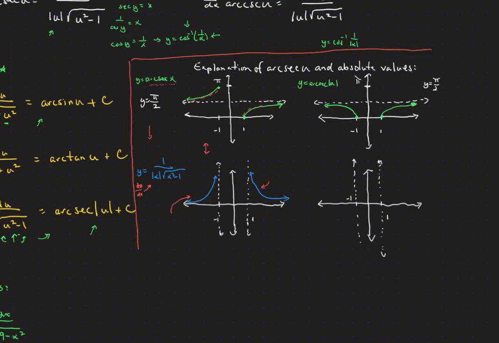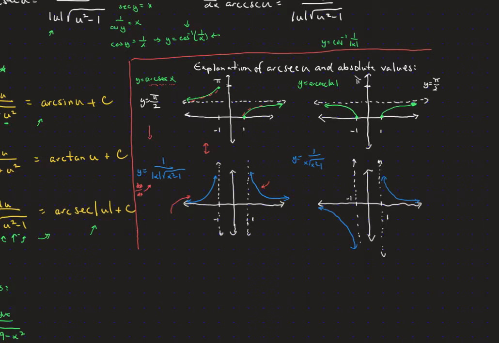Now, let's graph over here y equals 1 over x, not in absolute values, times the square root of x squared minus 1. When we do, we'll see that this part on the left is now going to be negative, whereas this part on the right remains above the x-axis, that is, positive.